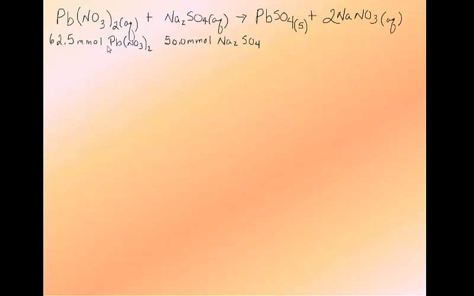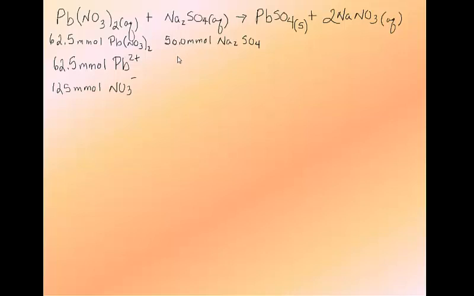So for example, 1 lead in this lead nitrate, therefore I have 62.5 millimoles of the lead ion. And I have 125 millimoles of the nitrate because it's 2 nitrates for every 1 compound.